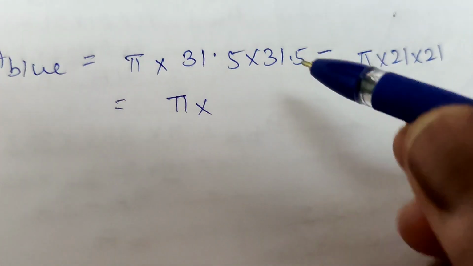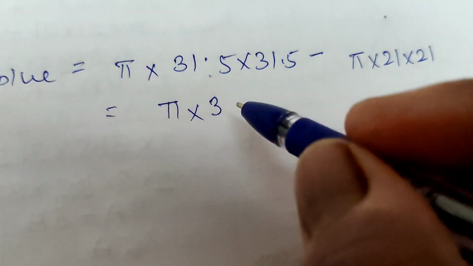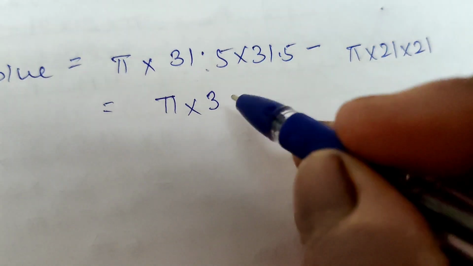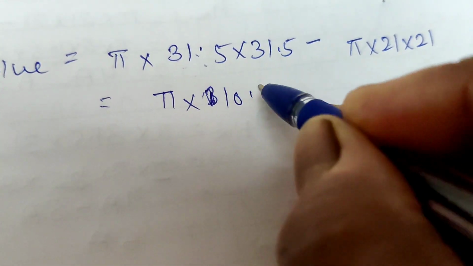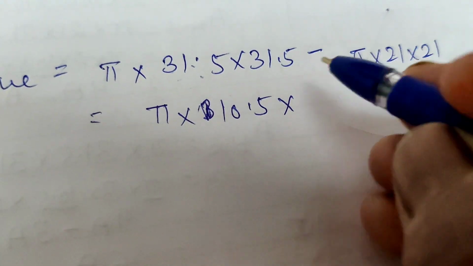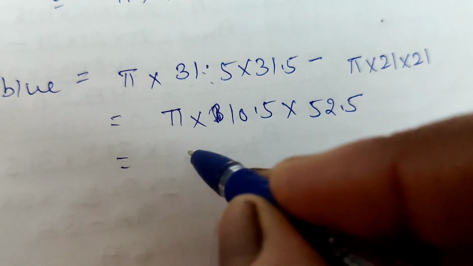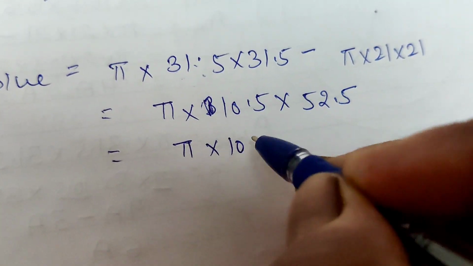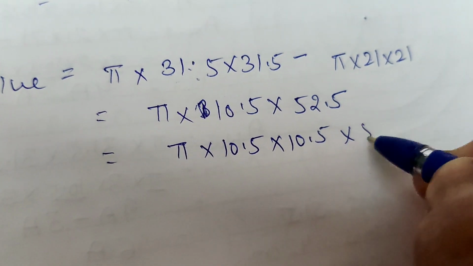So we can write 3 into a square minus b square. Simple. A square minus b square. If we subtract a minus b, 10.5 and add 52.5. So we can write pi into 10.5 into 10.5 into 5.